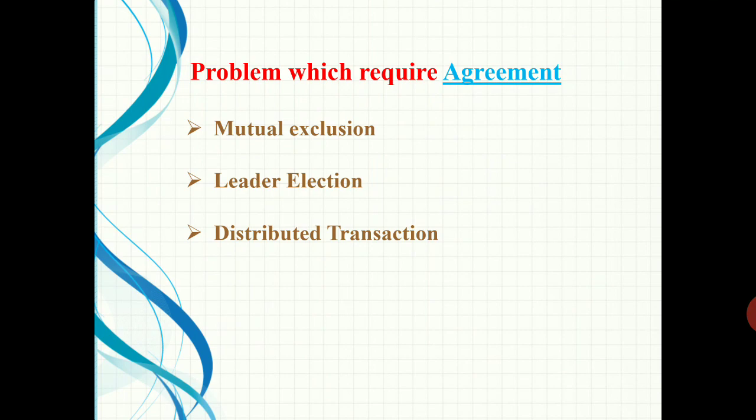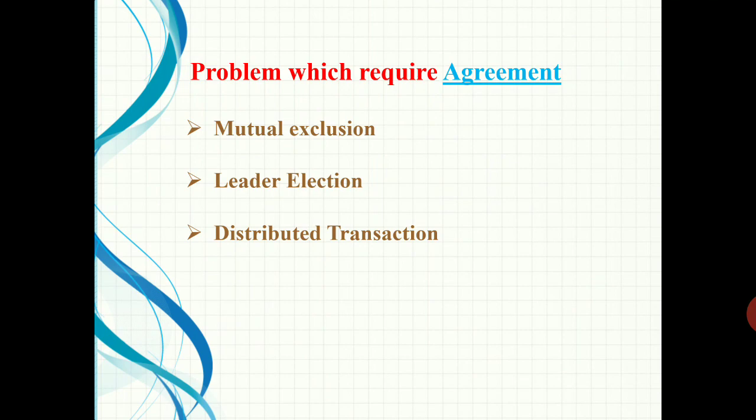In all these algorithms, we need some agreement between the processes. Another one is the election algorithm, or leader election algorithm. We already discussed the Bully and the ring algorithm to elect a coordinator in a distributed system, which also requires the agreement between the processes.